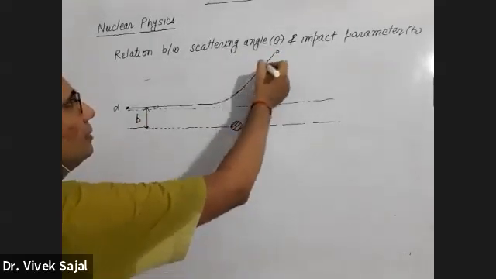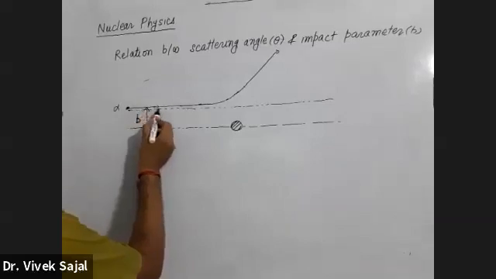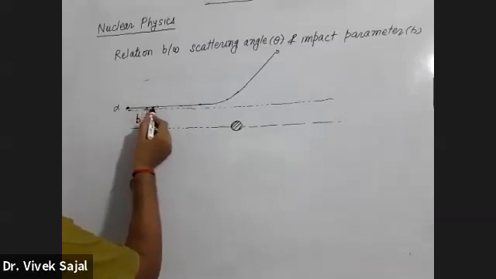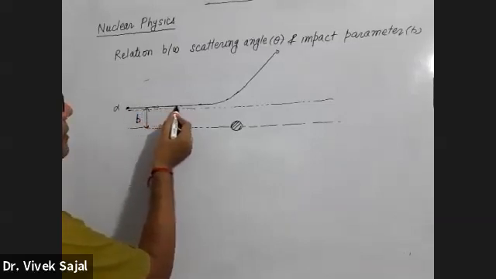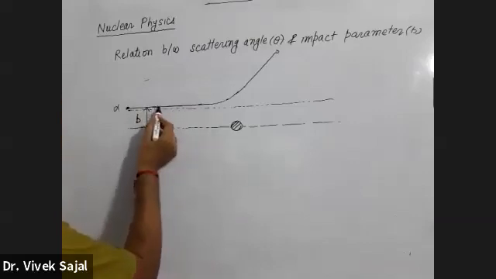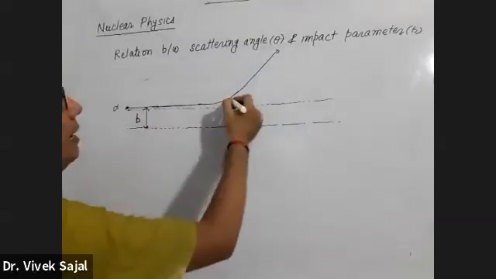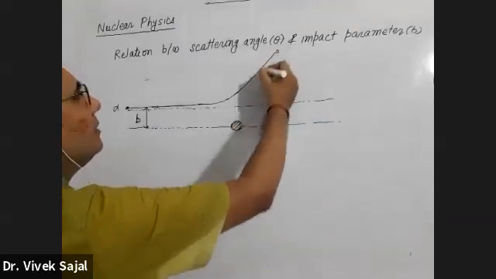This line is representing the asymptotic line for the alpha particle movement, and after the scattering, it again moves in a straight line.